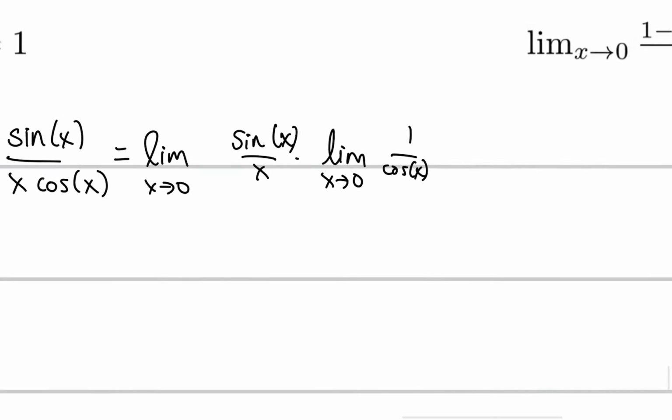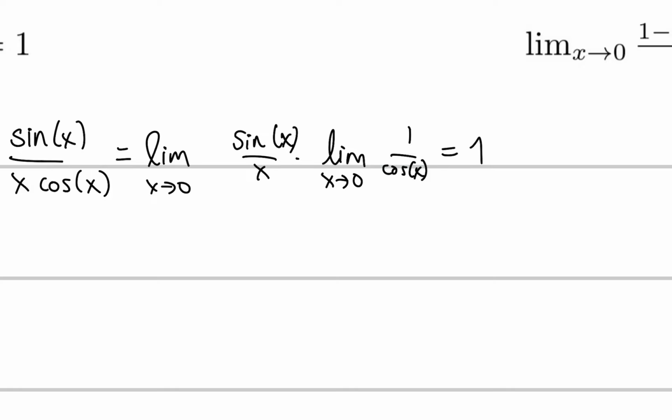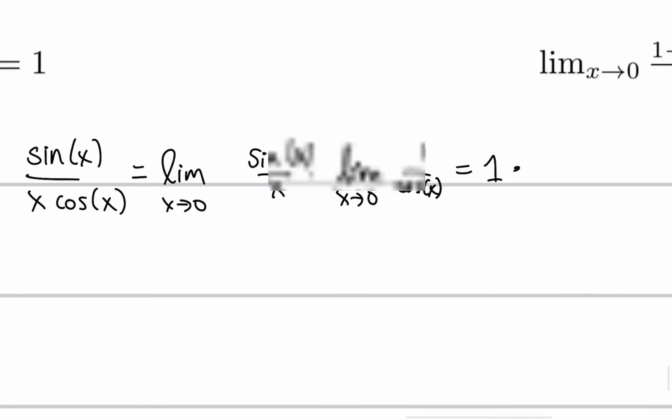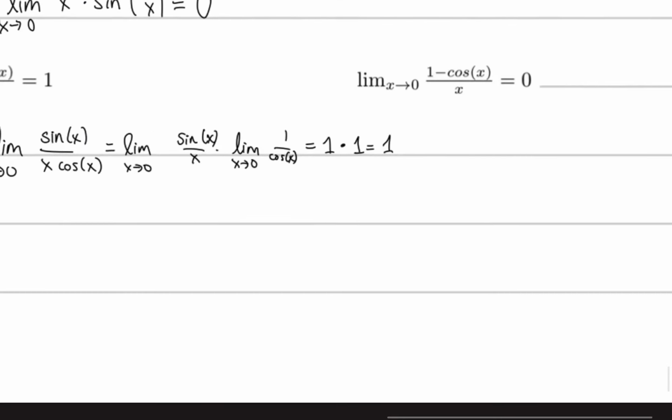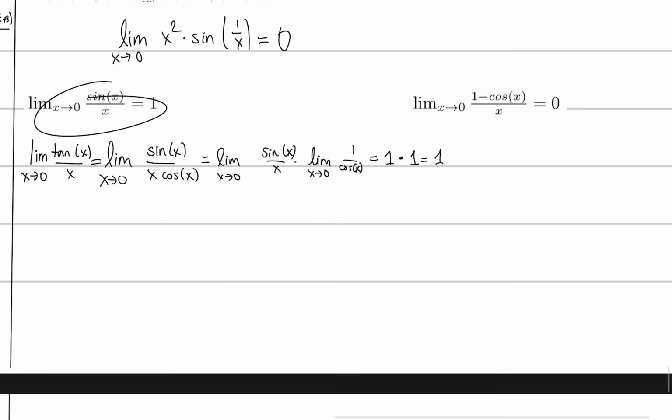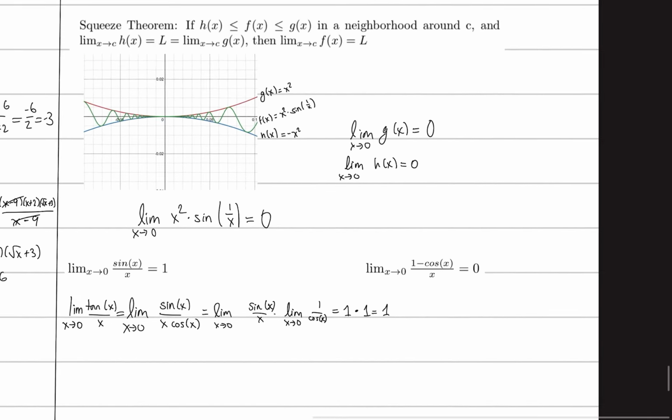For our leftmost, we know already this is 1, times 1 over cosine of 0, which is 1 over 1, also 1. So this limit is 1. Notice how we can use both of these to derive other limits, and this is all possible thanks to the squeeze theorem.